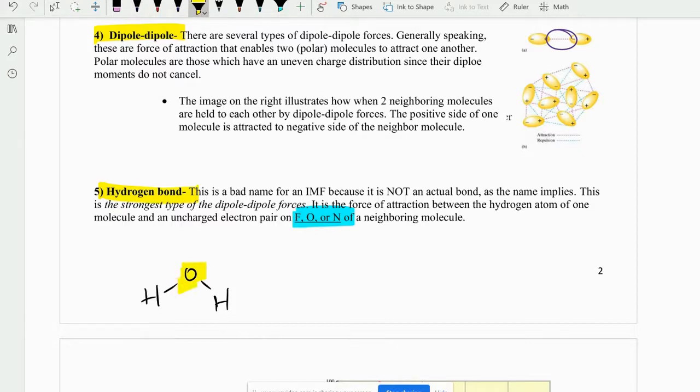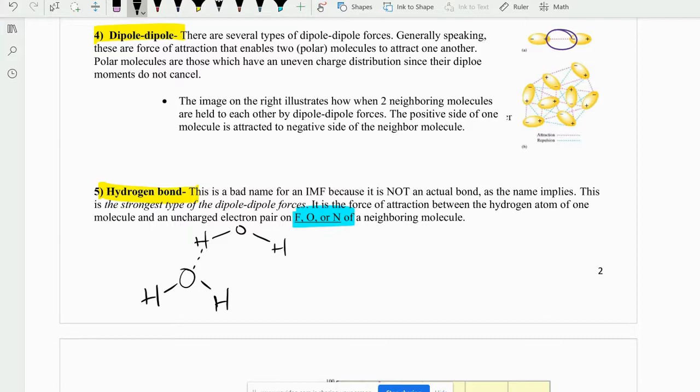Yep, oxygen. Well, what if we had another water molecule come in close proximity? Okay, sorry about my drawing here. Let me write this better. Okay, well, what do you notice? We notice that this hydrogen of one molecule and the oxygen of another molecule are actually going to form a hydrogen bond.